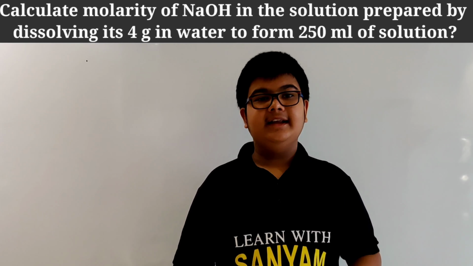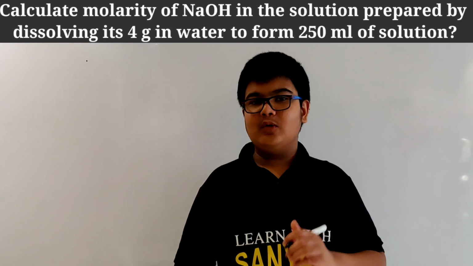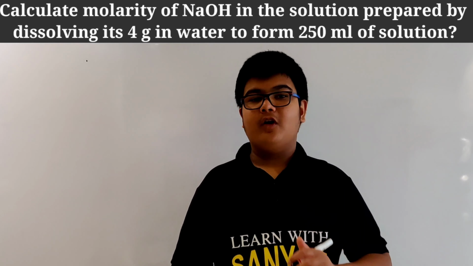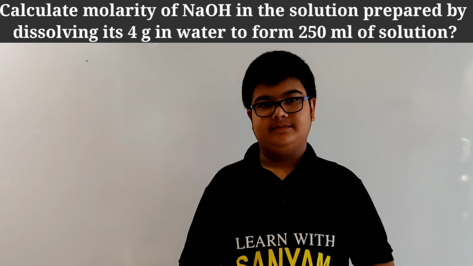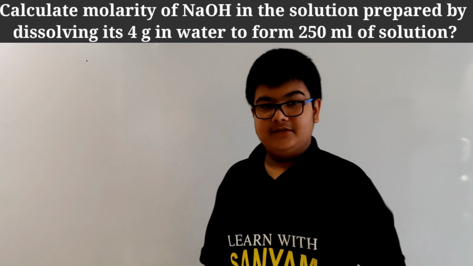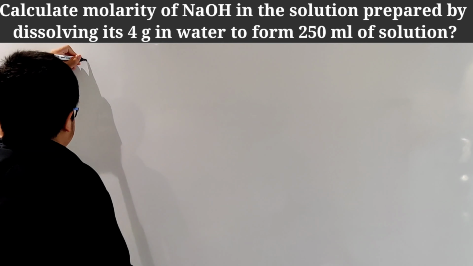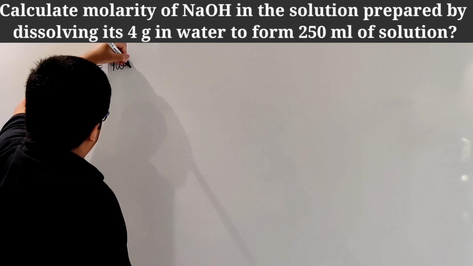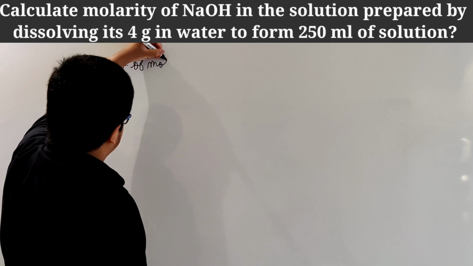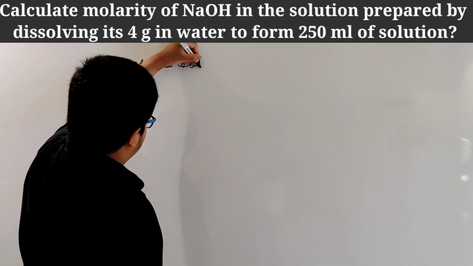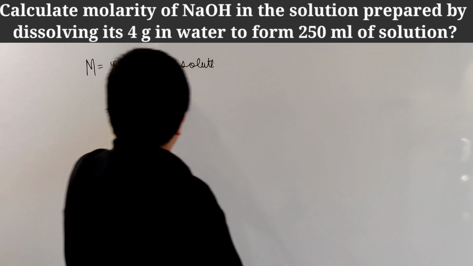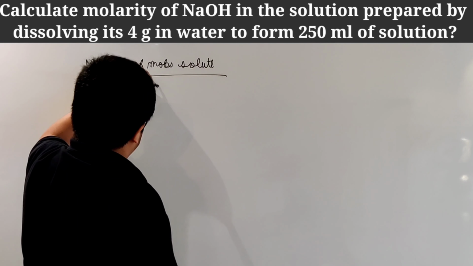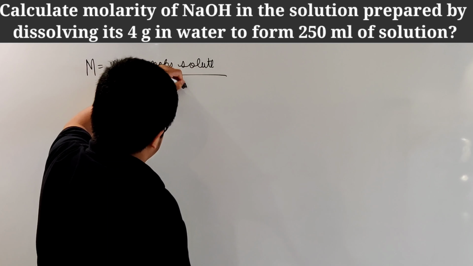The first question says: calculate the molarity of NaOH in the solution prepared by dissolving 4 gram of it in water to form 250 ml of solution. So you know that the formula of molarity is number of moles of solute divided by volume of solution in liters.